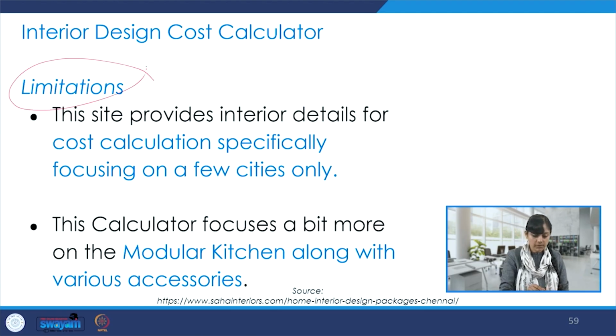Further talking about limitations, this site provides interior details for cost calculation specifically focusing only on a few cities, like we just saw. Also, this calculator focuses a bit more on the modular kitchen along with various accessories. So, it's quite restricted in that manner.